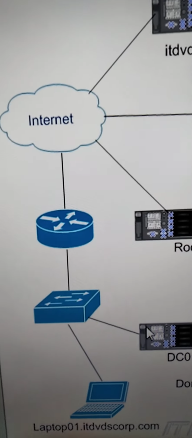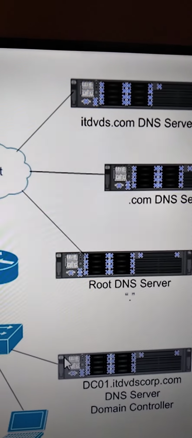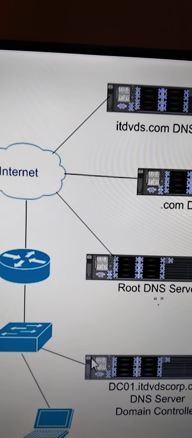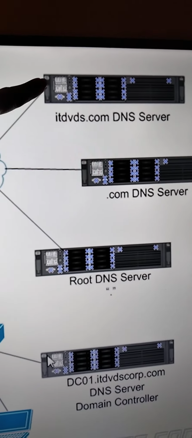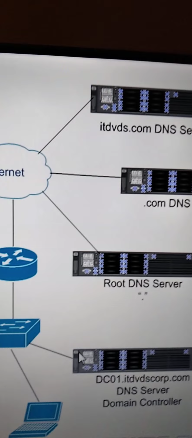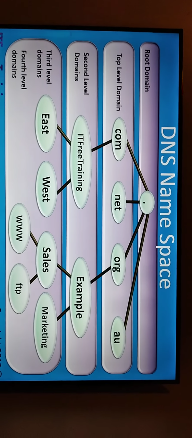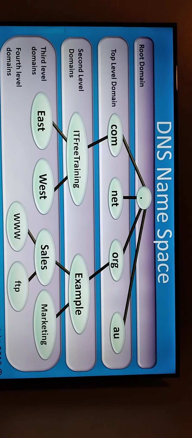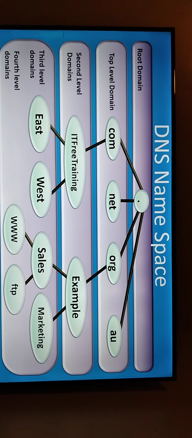So this is the router out to the internet, and it doesn't know any domain names, it just knows IP addresses. It doesn't keep track of domain names.